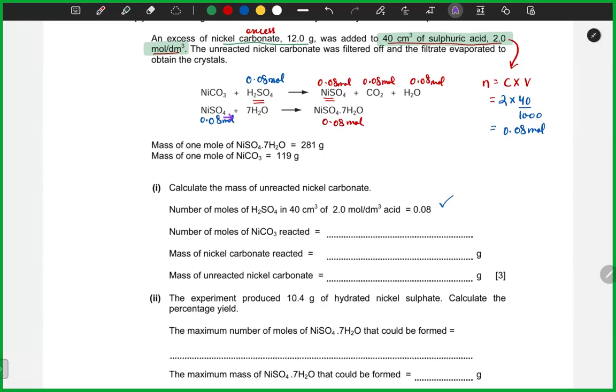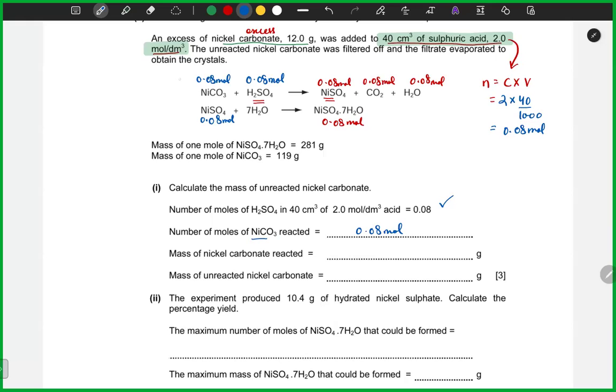This will be 1:7, so it's going to be 7 times more, but I don't think we need these moles, so I'm not going to do that calculation. You can calculate the number of moles of nickel carbonate that react. That's also going to be 0.08 moles. Everything in this equation is 1:1.